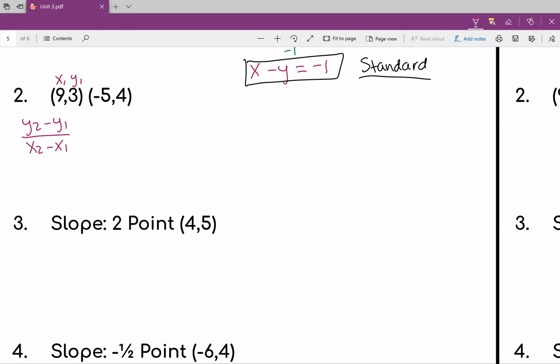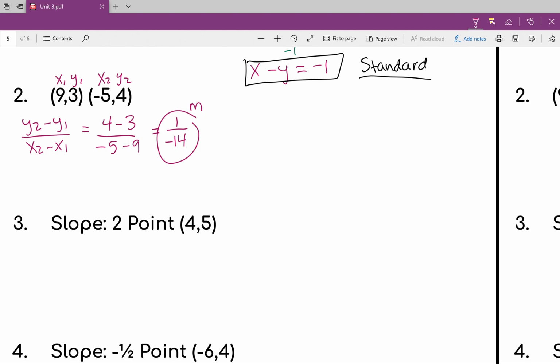Remember, we have to label our points. So then I have 4 minus 3 over negative 5 minus 9. 4 minus 3 is 1. Negative 5 minus 9 is negative 14. So that means my slope is 1 over negative 14.